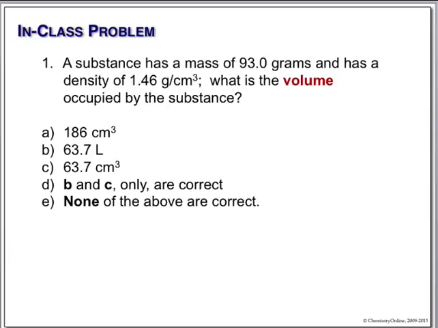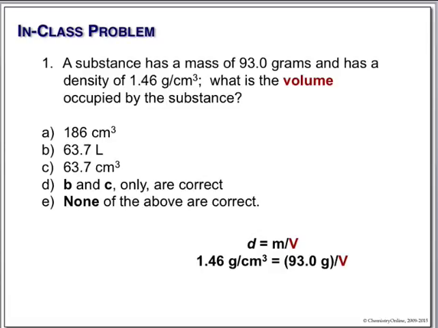This is just like the problem we just did, isn't it? Because we're solving for volume, we know a mass, and we know a density. Let's just solve this with our equation. And here we're looking for the volume. Rearrange our equation.